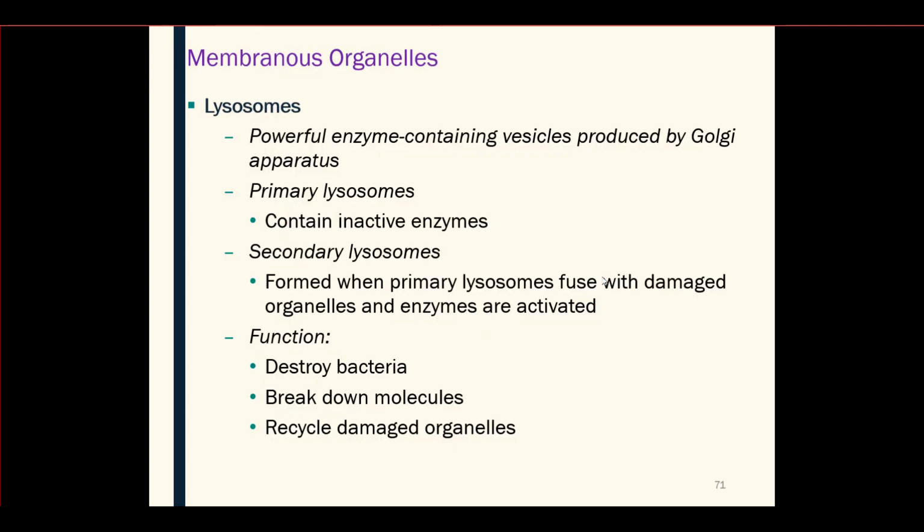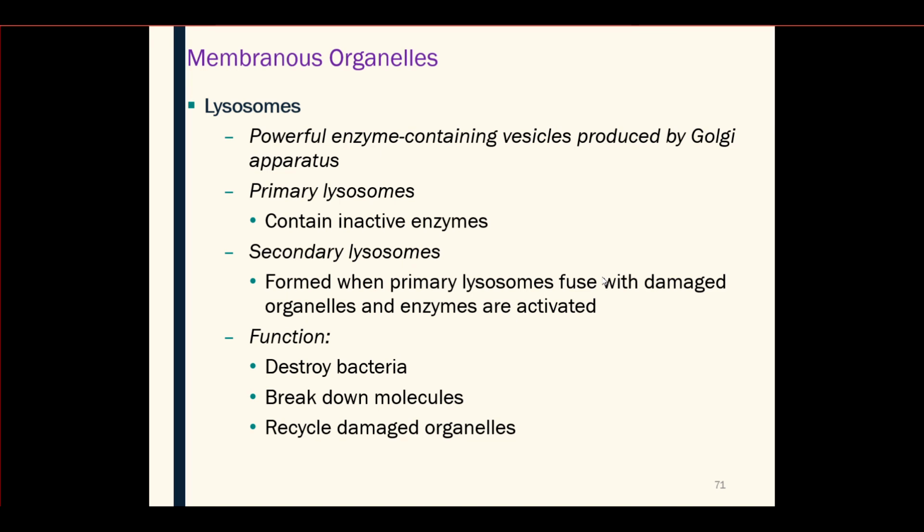Okay. The last two organelles that I want to show you are kind of like the digestive system of the cell in my mind, right? They kind of break things down. We're going to look at lysosomes and peroxisomes. So the first one we know already. These are powerful enzyme-containing vesicles produced by the Golgi apparatus, right? I showed you that a little while ago.